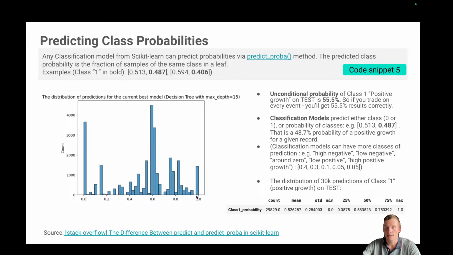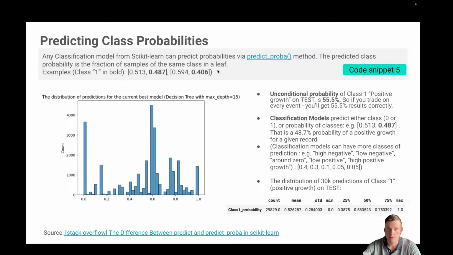And then if you plot a histogram distribution of these probabilities, you can see this picture, and this picture will be very different if you do it for a random forest or for another decision tree.